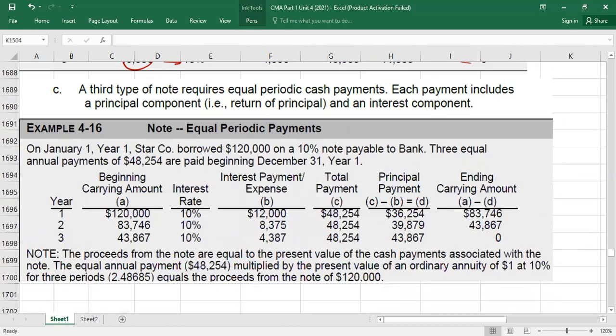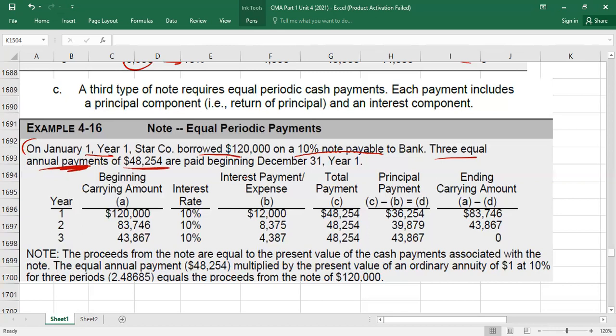Now look at another example. Here, what is going to be fixed? Installment is going to be fixed, not the principal amount. So read this example, please. I'm reading: on January 1, year 1, A borrowed 120,000 on a 10% note payable, with 3 equal annual payments of 48,254 decided.